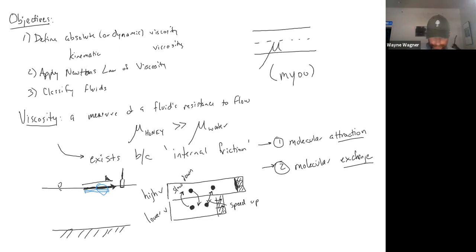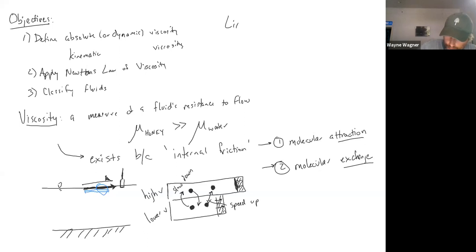So for example, while I'm here, let me add this last little bit. This has to do with temperature. The viscosity of a liquid is a function of temperature, just like in a gas.